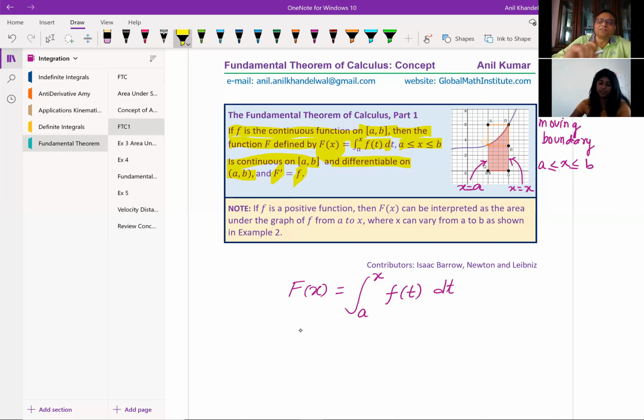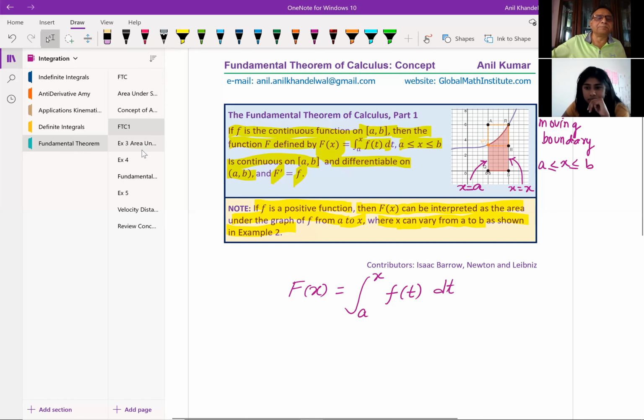Note, if f is a positive function, then capital F of x can be interpreted as area under the graph of f from a to x, where x can vary from a to b as shown in example 2, right? It has to be a positive function. Even otherwise, you get the derivative and the integrals, but the integral will not be area, right? It has a negative value. So that's kind of important to understand.